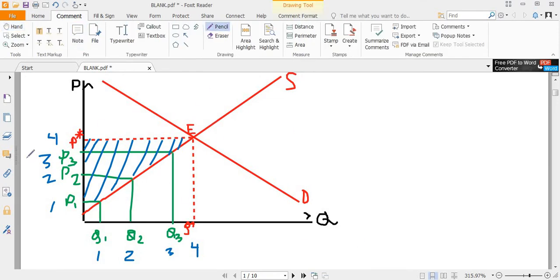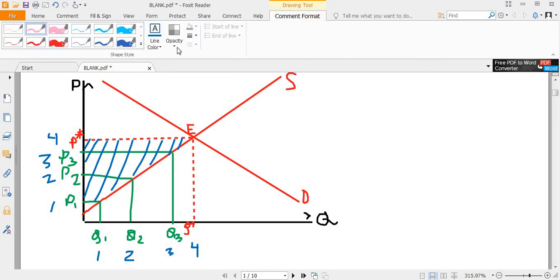Now this is the diagrammatic way of representing the producer surplus. Suppose I mark this point as X. So how do we represent the producer surplus mathematically?